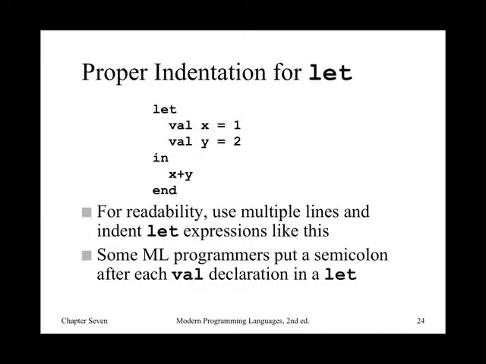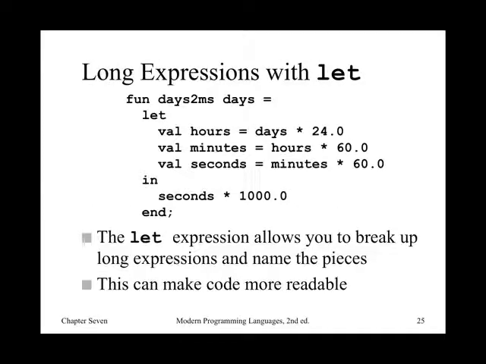Okay, here's another example where you've got really long expressions, like seconds defined as days times hours times minutes times 60. Basically you take days, and every day has 24 hours. Every hour is 60 minutes. Every minute has 60 seconds. It just gets kind of grungy.